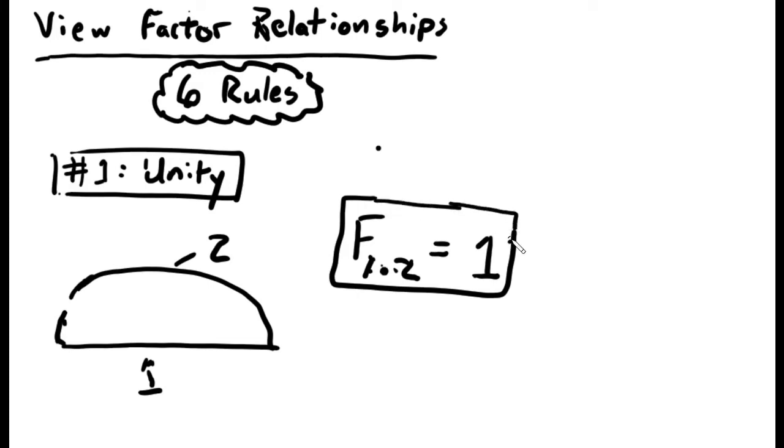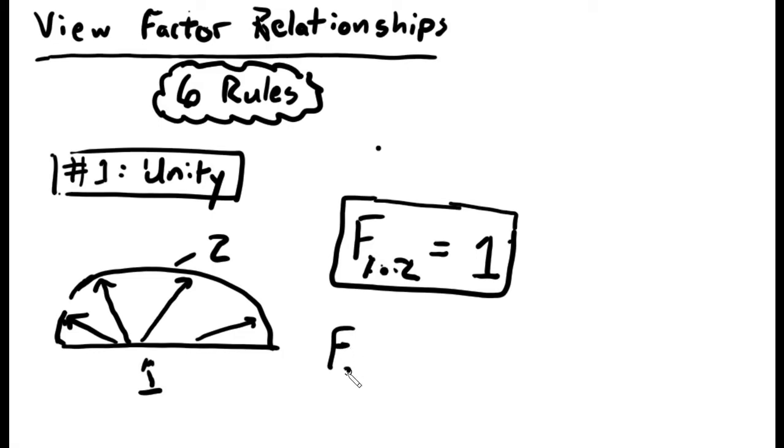And that's by a fairly basic line of reasoning. Remember, the view factor is the fraction of heat leaving surface 1 that hits surface 2, divided by the amount of heat leaving surface 1. Well, check this out. Anything leaving surface 1 has to hit surface 2 because surface 2 completely covers surface 1. So if a surface possesses the full hemisphere of another surface, then that surface has a view factor of 1.